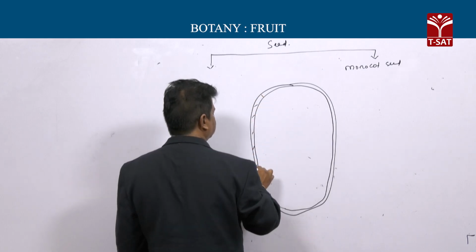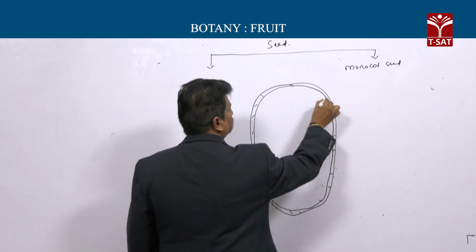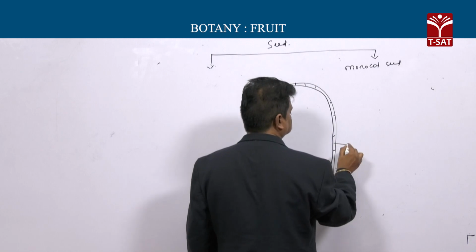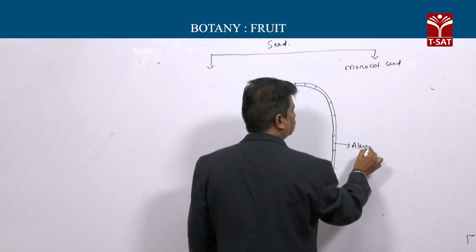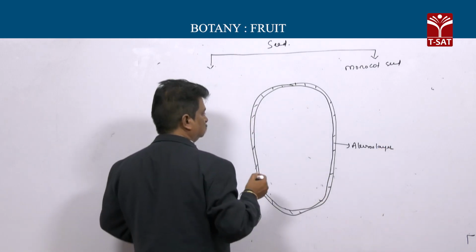That endosperm is bulky and it is surrounded by a protein layer called aleurone layer.